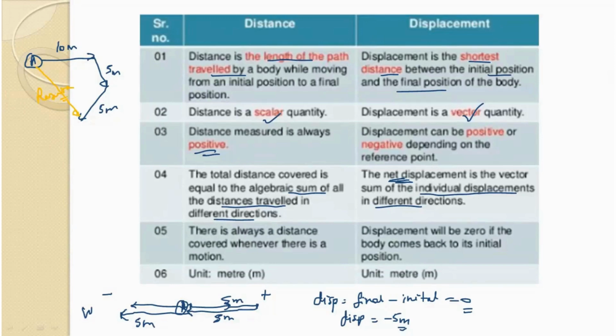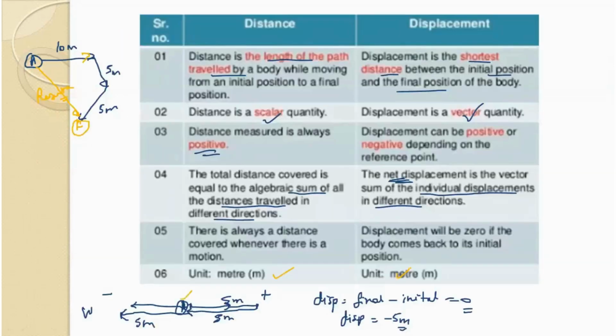If I put this direction and this direction along with their magnitudes, I would get this resultant from A to the final position. There is always a distance covered whenever there is motion, but displacement will be zero if the body comes back to its initial position, as we have seen in this example. The unit is the same, meter.